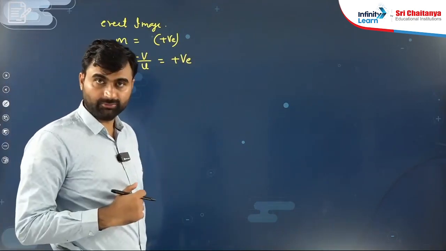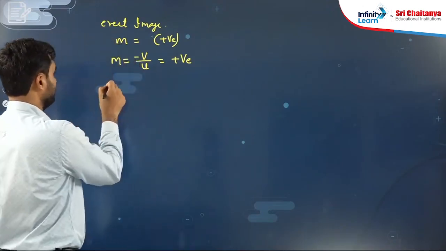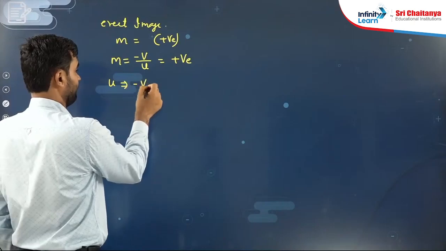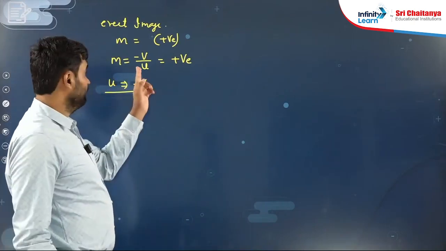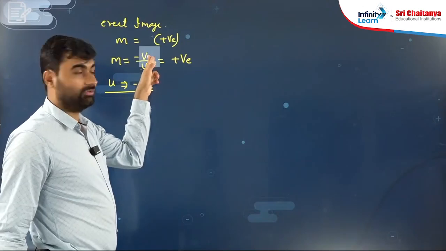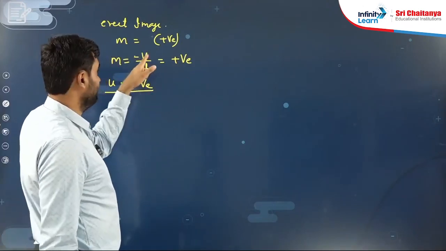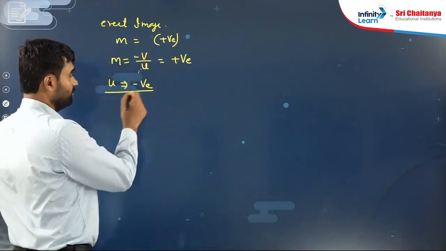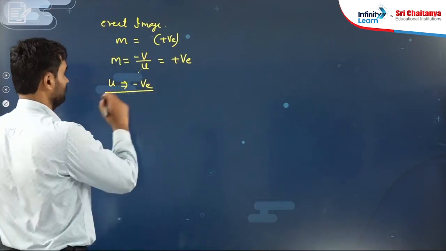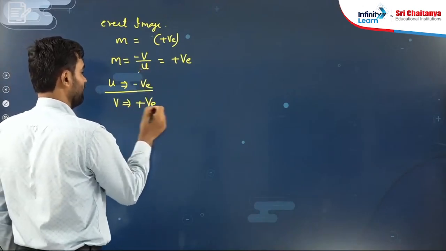The object is in front of the mirror, so the object distance u is negative, right? Here u is negative, so v must be positive, because then negative becomes positive. So our conclusion is that v must be positive.